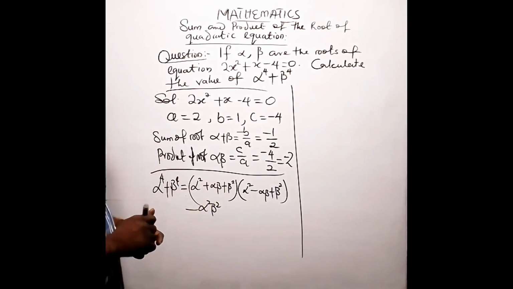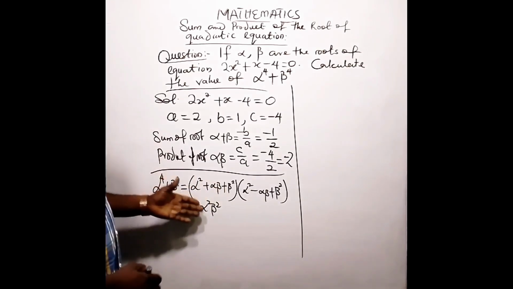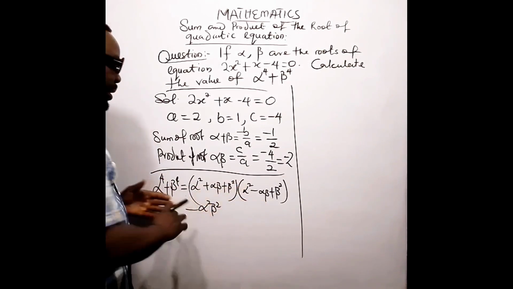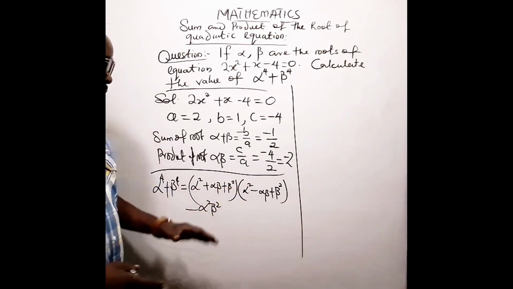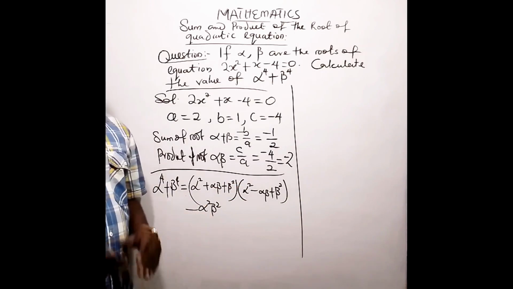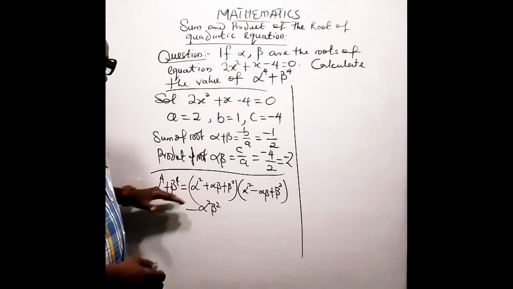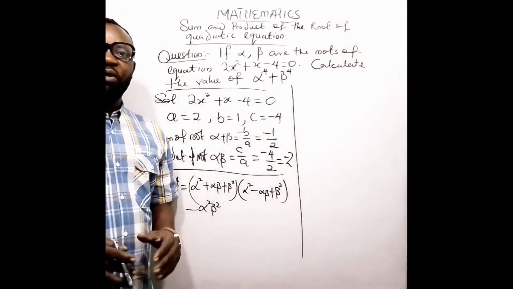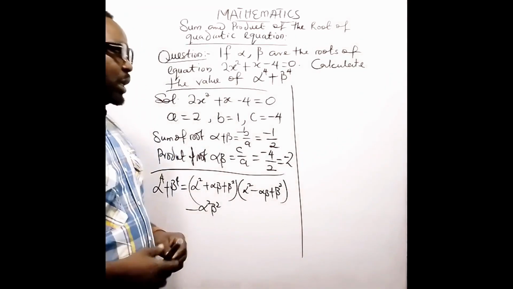If you try to open up the brackets by multiplying every value and subtracting this one from it, you discover that you still get alpha raised to power 4 and beta raised to power 4. We have been able to simplify it on our own. So let's go ahead solving it.